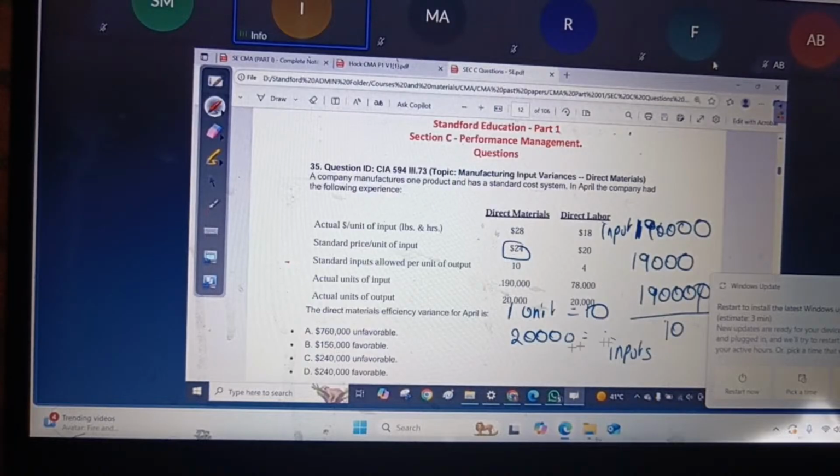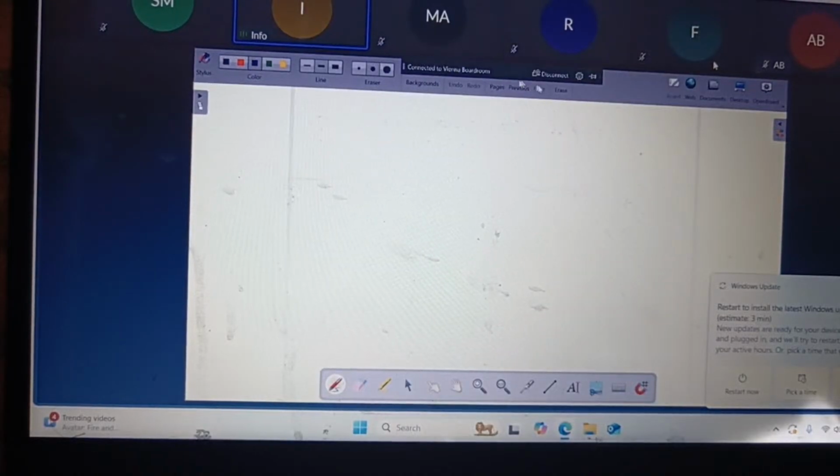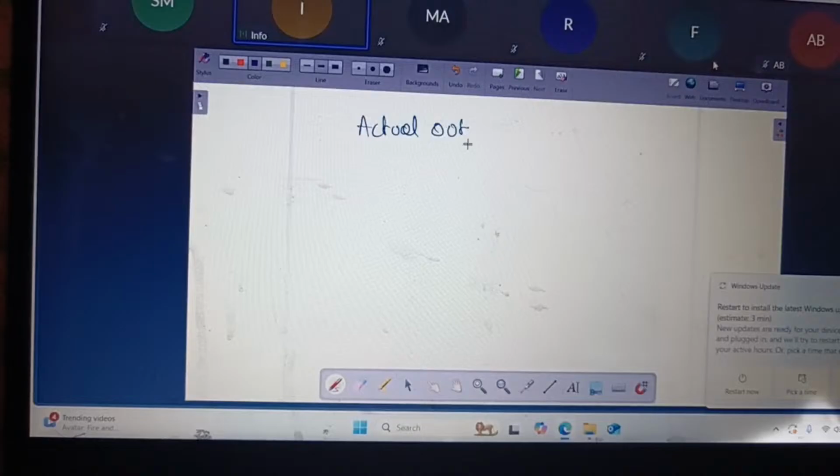Standard quantity will be here, for actual output of 20,000. 1 unit they are using 10 inputs. So now how much is the actual inputs?